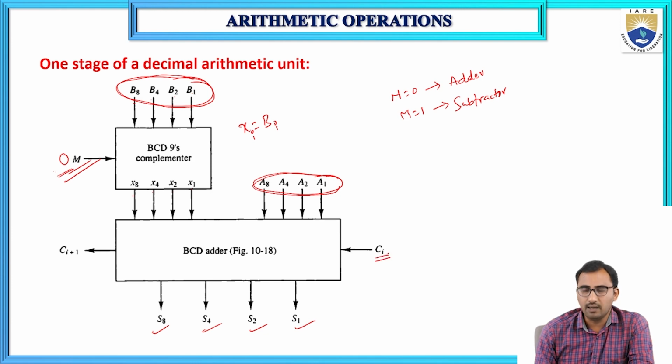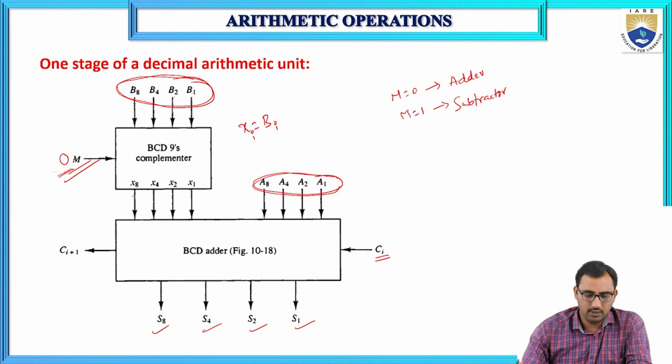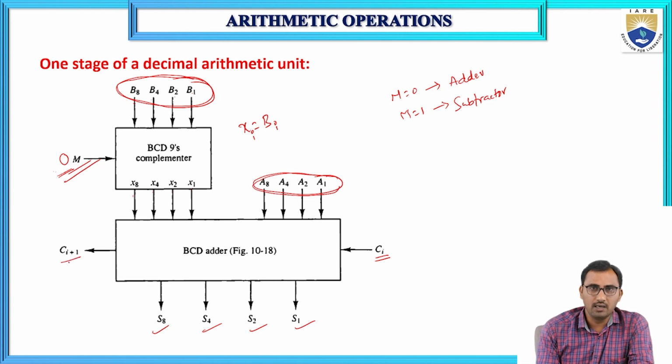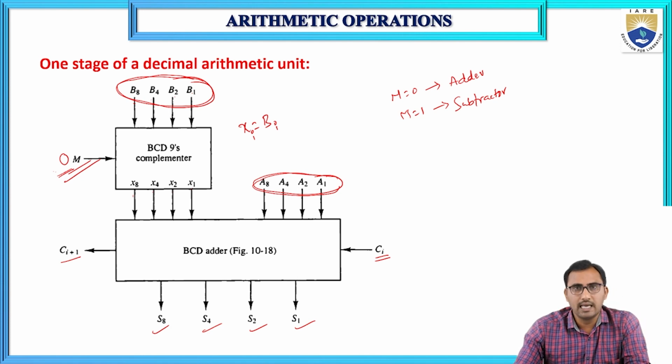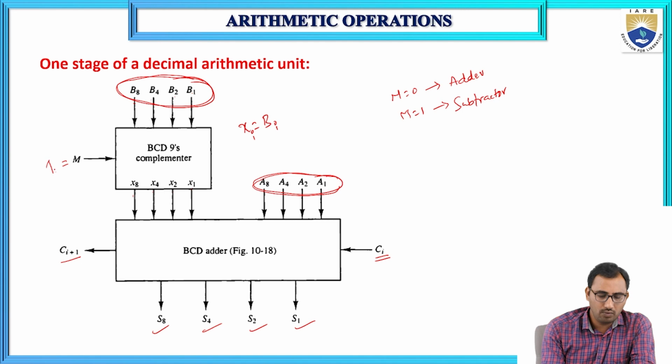Ci is the input carry from the previous stage, and Ci plus 1 is the carry to the next stage. So we have just seen how the circuit acts as an adder. Similarly, the same circuit can also be used as a subtractor. In order to use the circuit as a subtractor, m should be equal to 1.